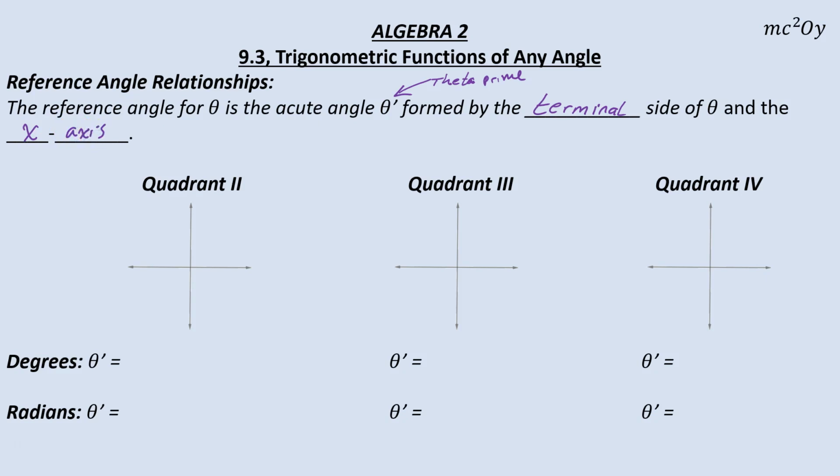All right. So really what that means, if I'm in quadrant 2 and I move an angle of theta that way, and I get this terminal position, theta prime is this angle right here. And why are we worried about that angle? Well, that helps us to draw our right triangle, right? That's the angle we're thinking about when we're looking at our right triangle.